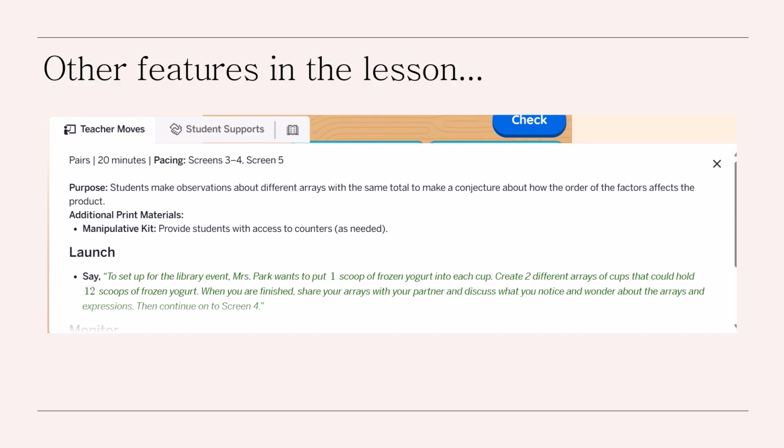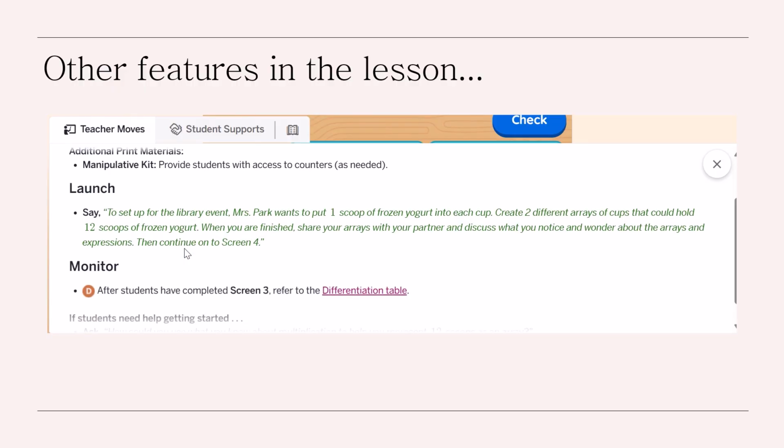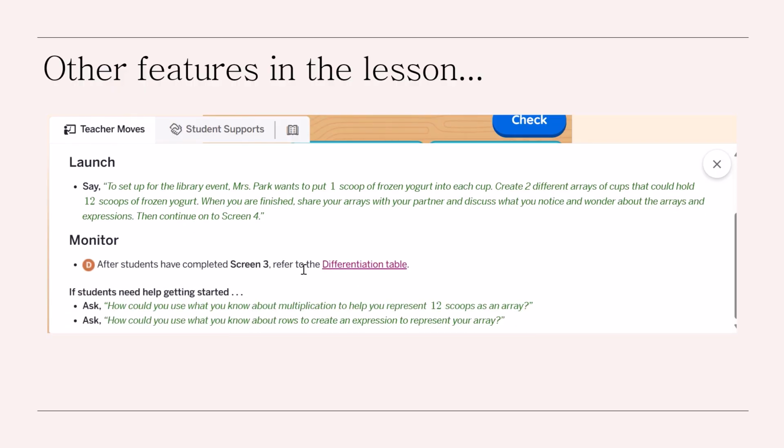Let's look at some of the other features in each lesson, including the teacher moves tabs and student supports at the bottom of each page. The teacher moves tab can include different ways to pair students, the approximate time each lesson should take, the pacing, the purpose of the lesson, some teacher prompts, and ways to monitor students.